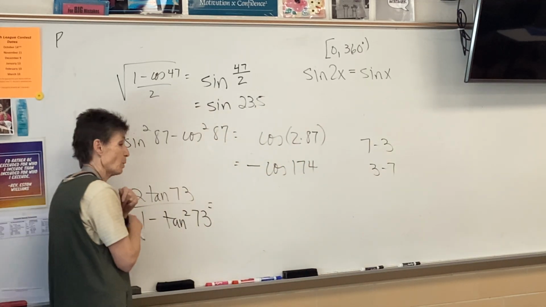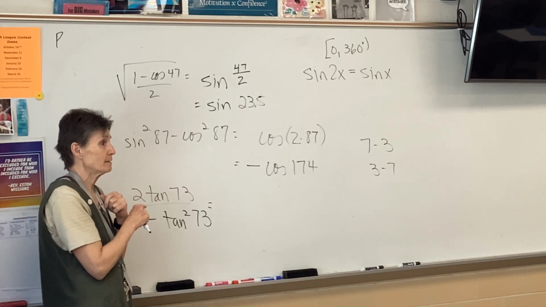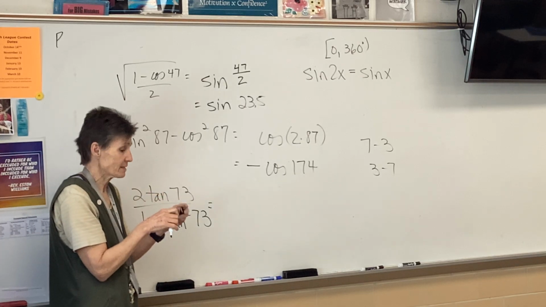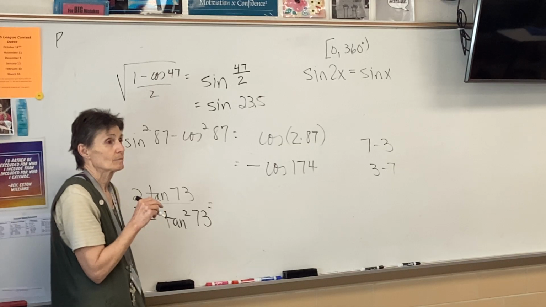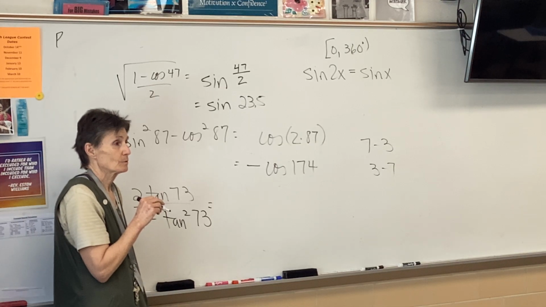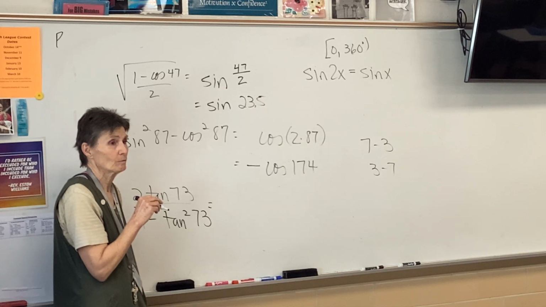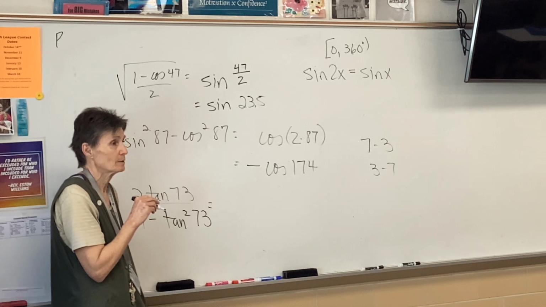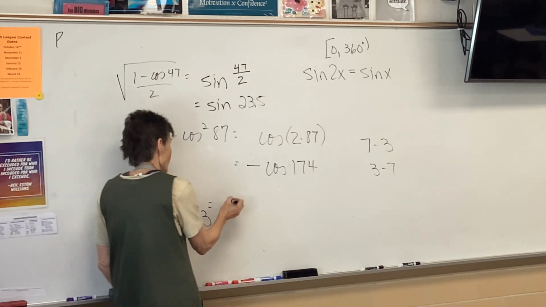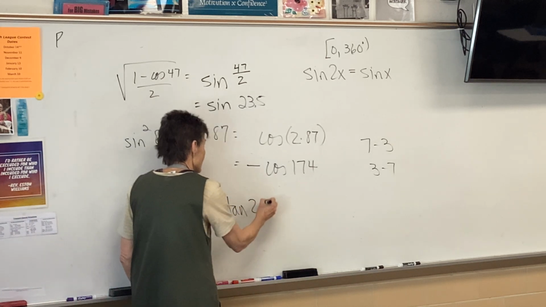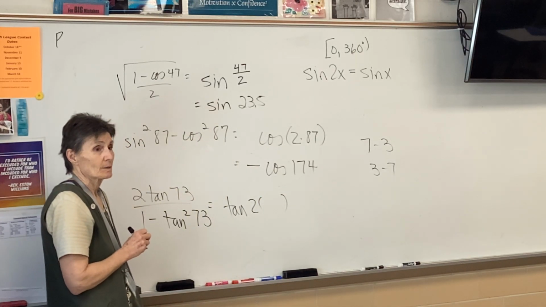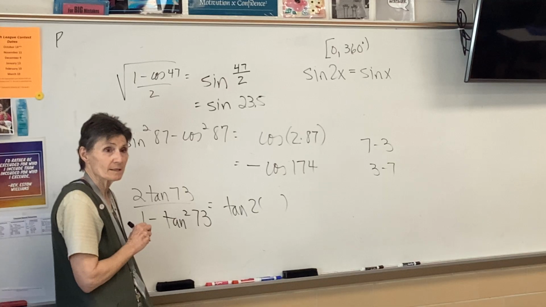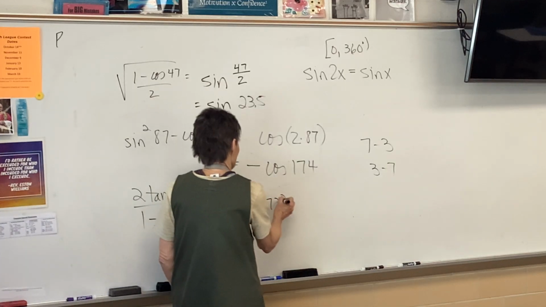All right, what's this one? 2 tan over 1 minus tan squared. Oh, that is the formula for the tangent of twice the angle. And our angle is 73.